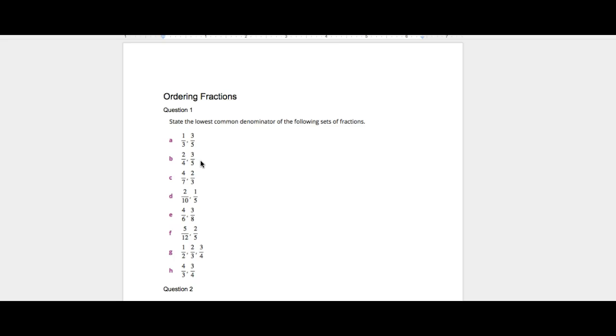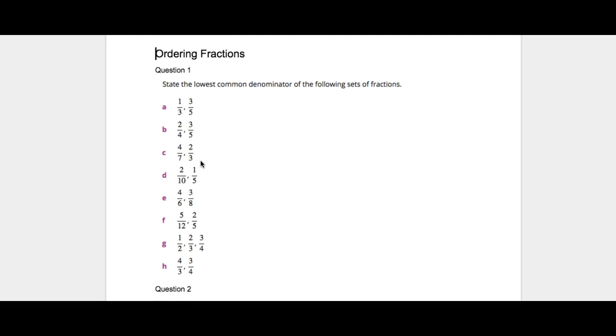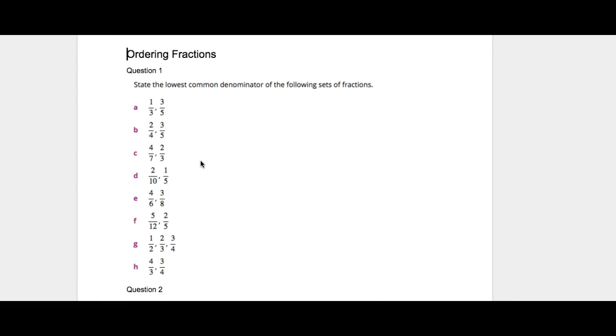When you're ordering fractions, you don't necessarily have to have the lowest common denominator, because when you're making a comparison, the comparison can be made with any denominator as long as they're the same. But we will focus on just finding the lowest common denominator because you can make things more complicated than they need to be.